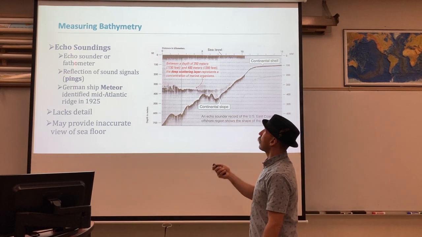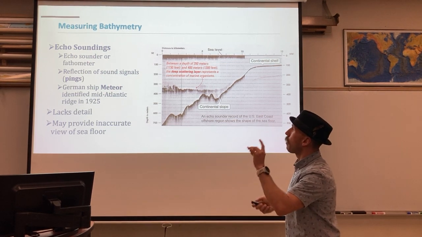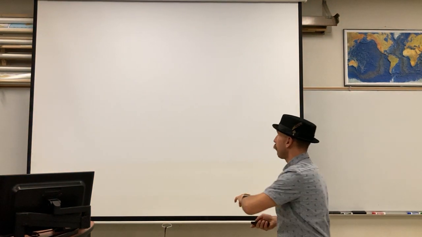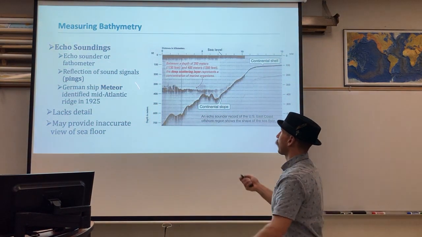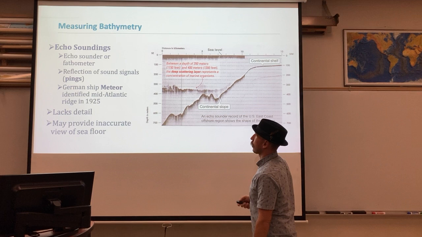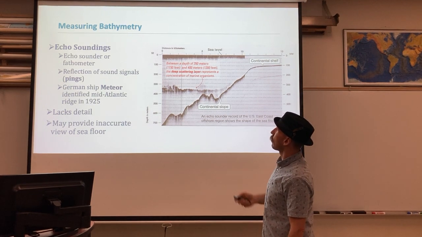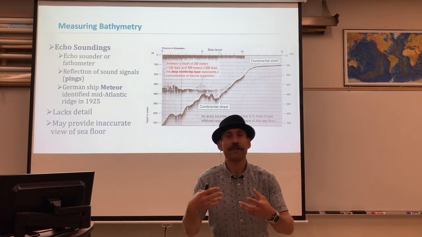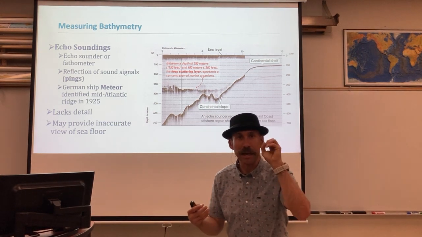So they created another way to measure bathymetry, and we'll go through all of them here. Another way to measure bathymetry is through echo soundings. And you can use an echo sounder or a fathometer, and basically this is a reflection of sound signals that gives a ping.